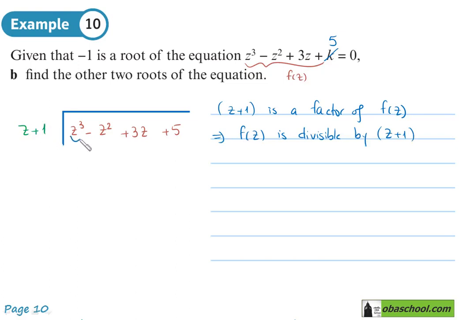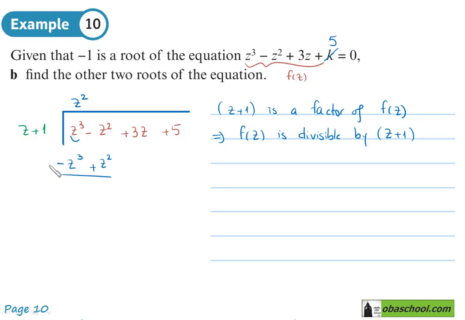So we take the leading term, which is z cubed, divided by z, giving z squared. We multiply z squared by z plus 1, giving z cubed plus z squared. We subtract these two expressions, changing the signs of the terms of the second expression.